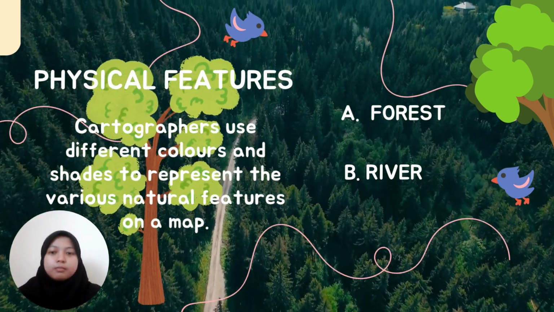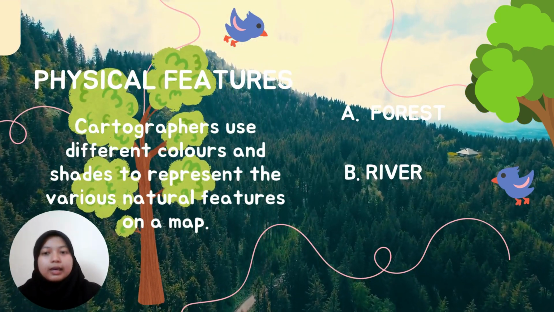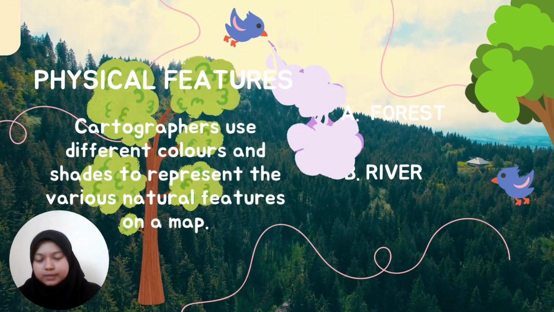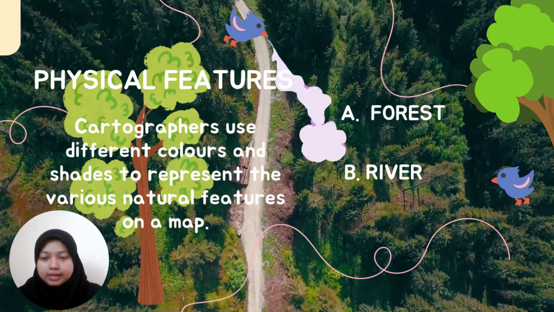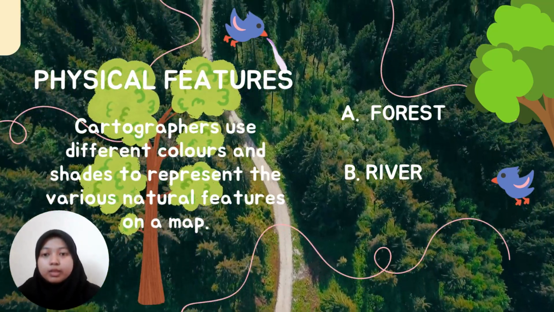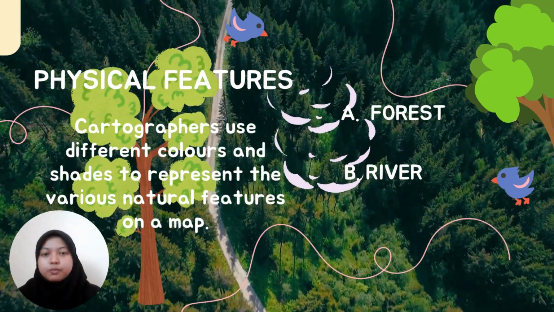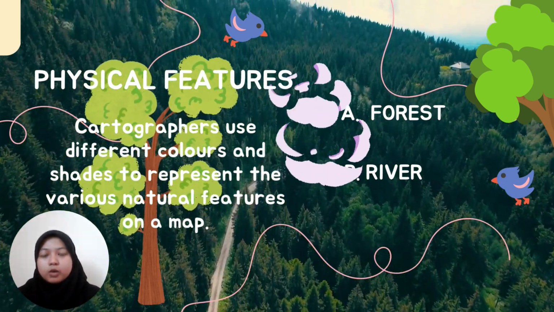For example, blue is usually used to depict rivers and lakes. As you can see in our map, the forest also uses a symbol with another color, like green, to represent it on our map that was produced by our group member.